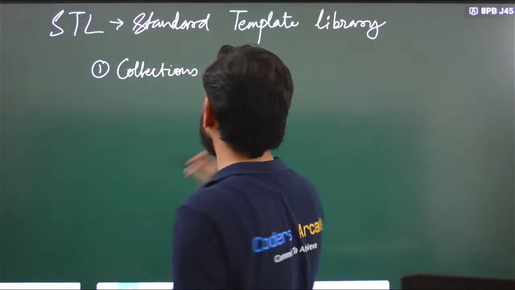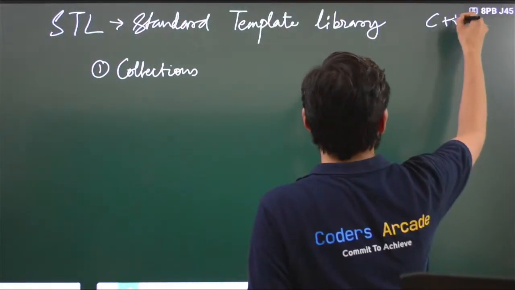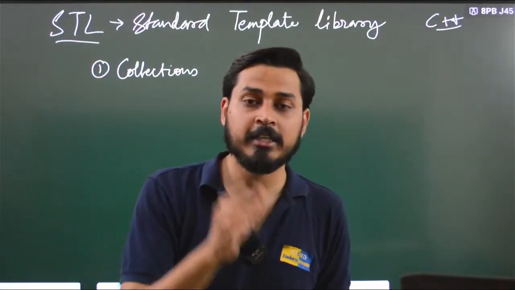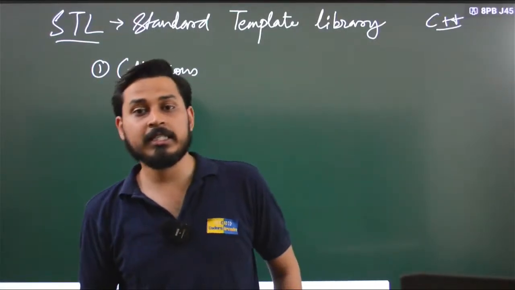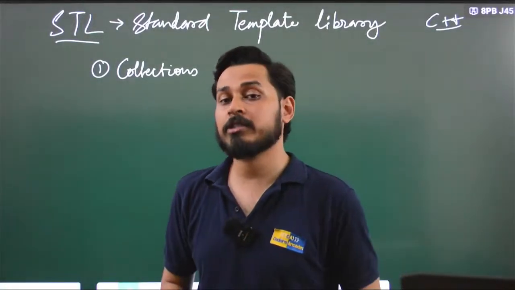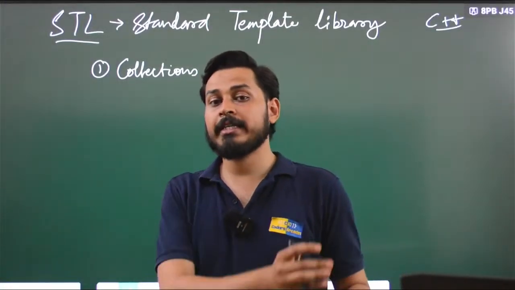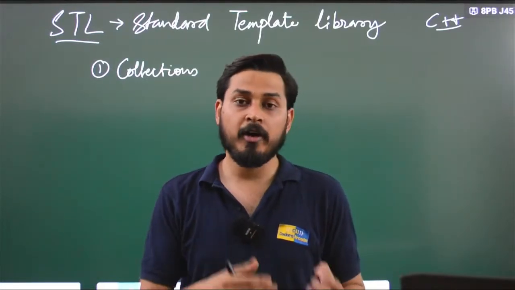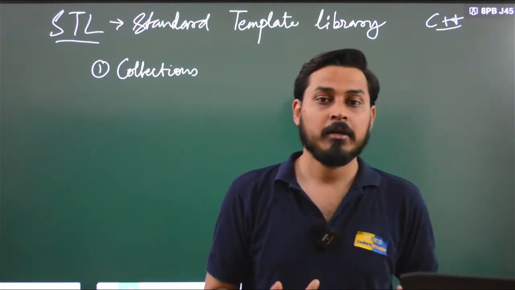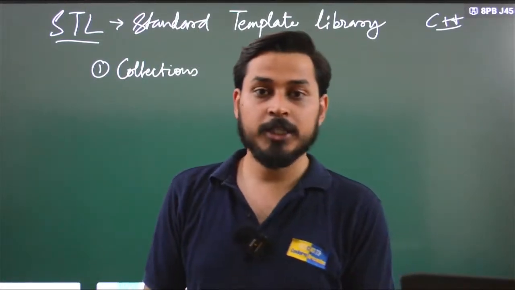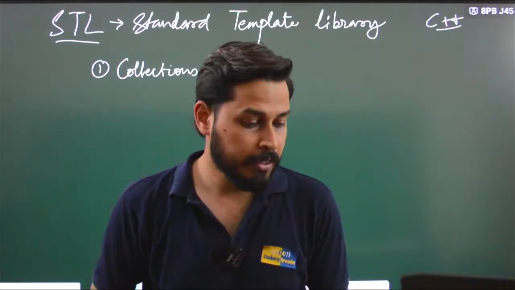Because our course is being done in C++, we have the concept of STL. STL is the Standard Template Library, and here we have templates of particular structures or collections which we can directly import and use, which makes our life far easier to solve any problem, and that is why we use STL, right?